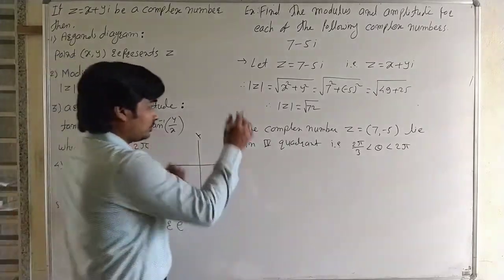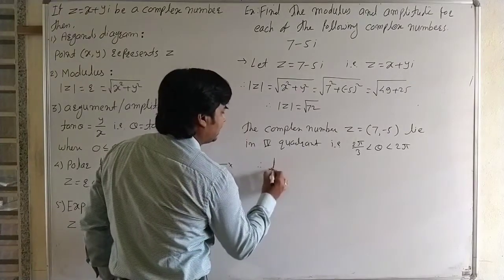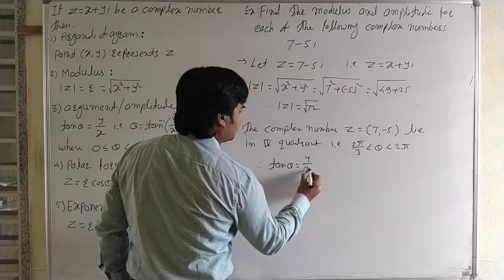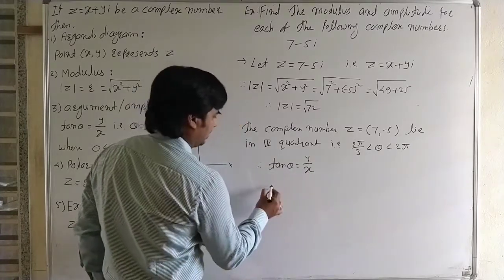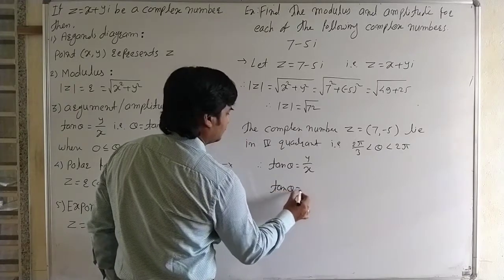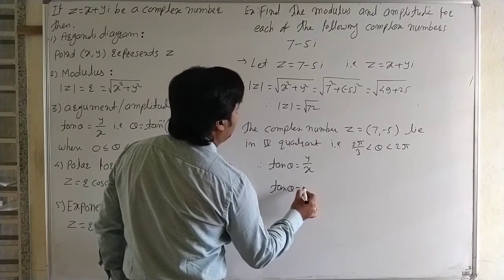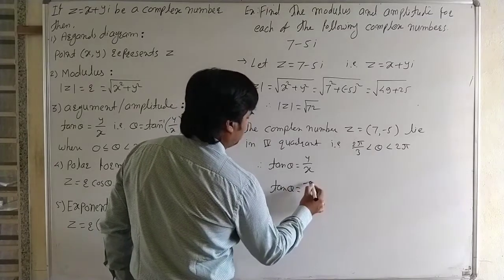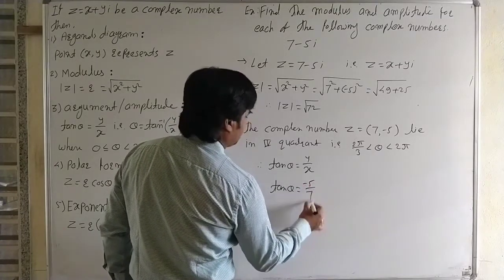Now here therefore we can write tan theta is equal to y by x. Tan theta is equal to y by x, y is minus 5 and x is 7.